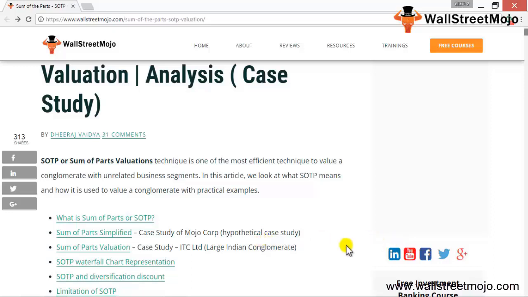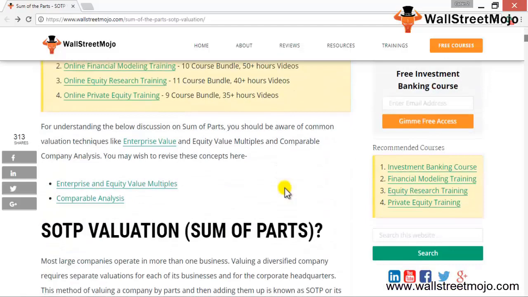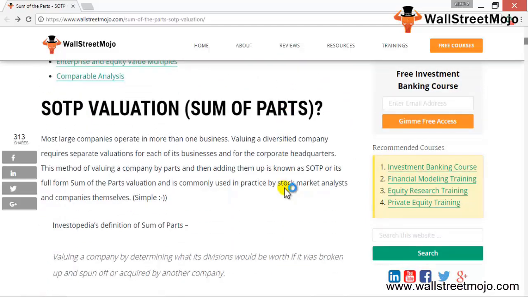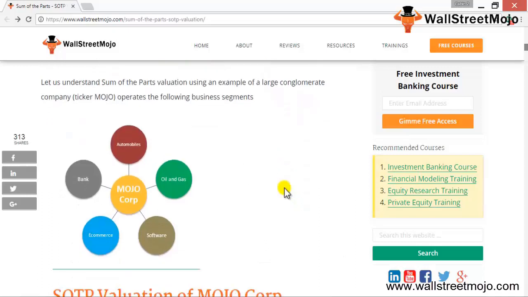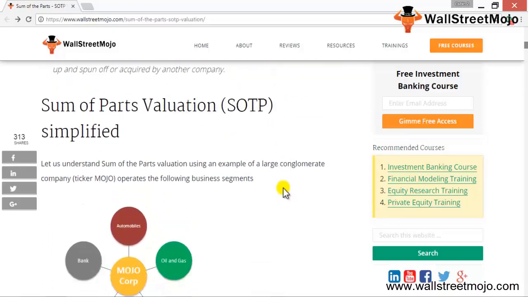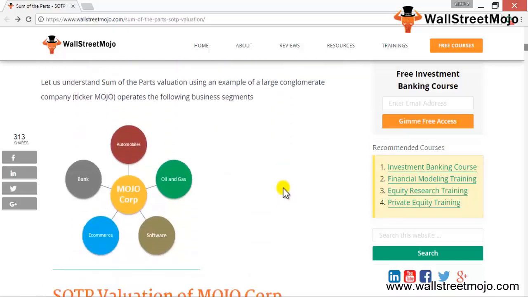Alright, so this is what the whole technique of SOTP is, and we can just look at the explanation, as in what needs to be ascertained here while doing SOTP. So if you look at a hypothetical example here, Mojo Corp, it consists of different segments like bank, e-commerce, software, oil and gas, and automobiles.